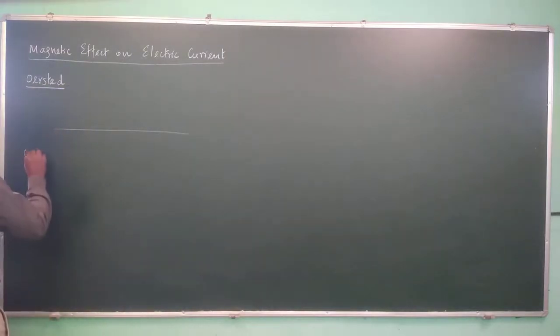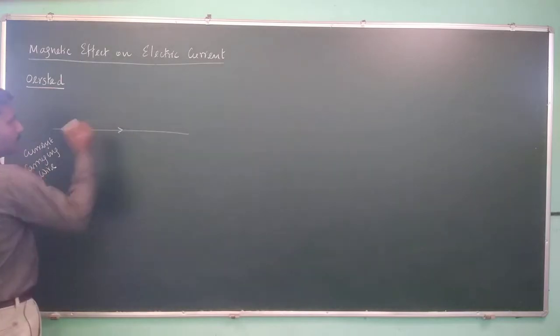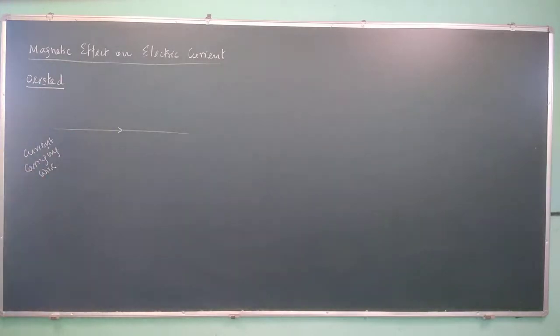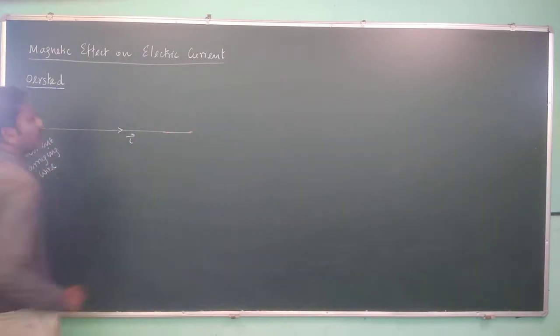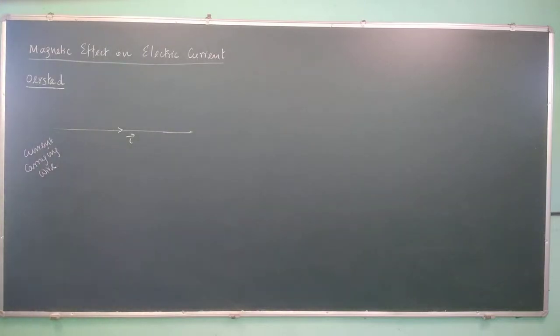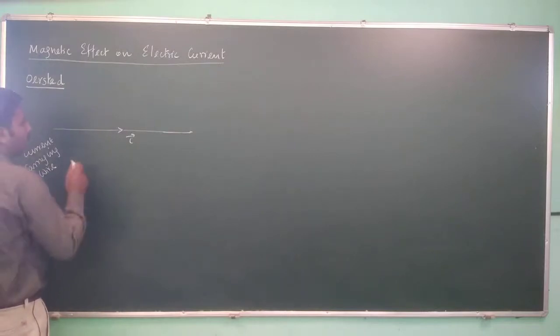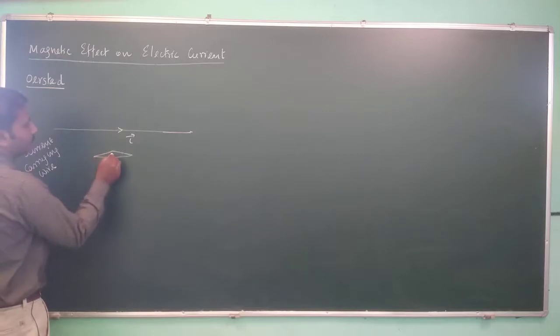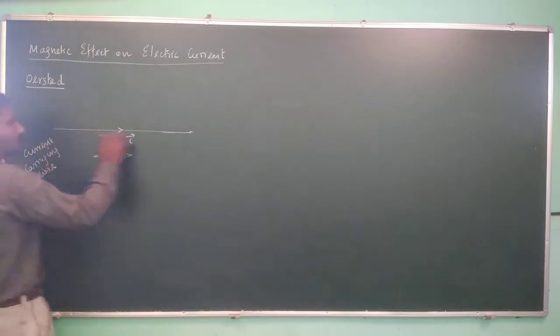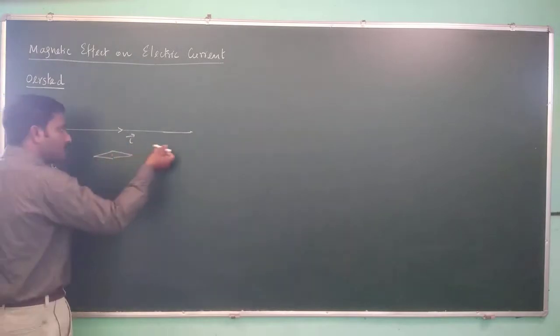So this is a current carrying wire, and suppose this direction I is the direction in which the current is flowing through this wire. In this situation, he placed a magnetic needle in close proximity to the wire, parallel to the wire.